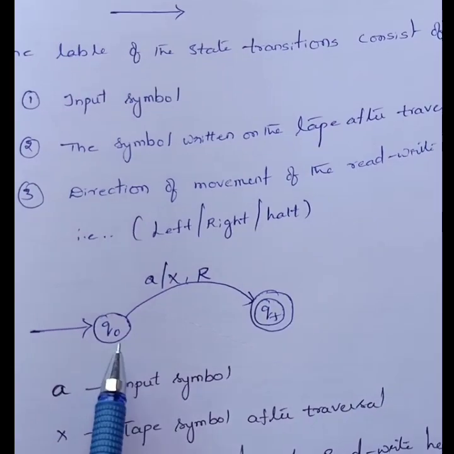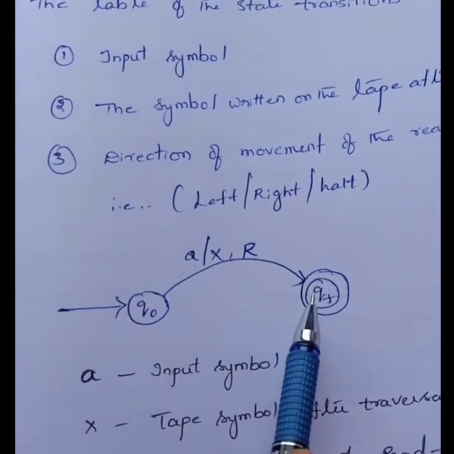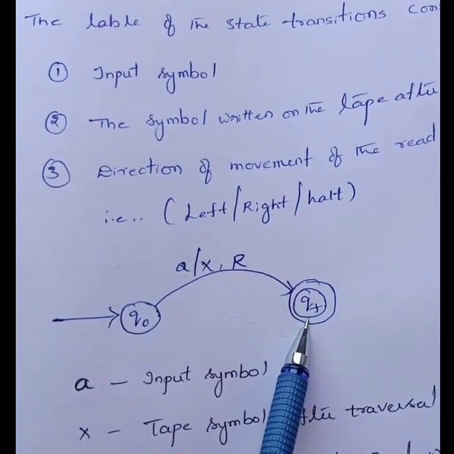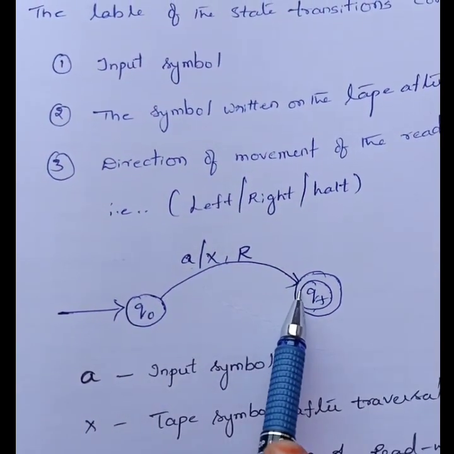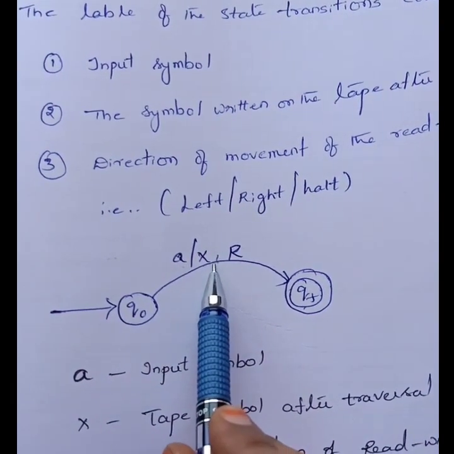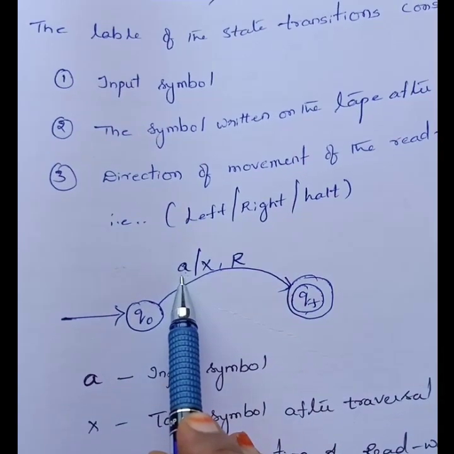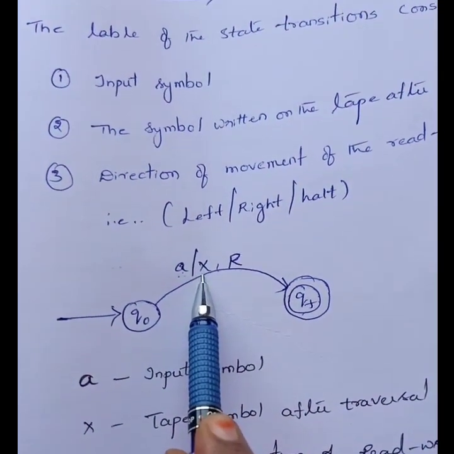See this diagram. This is the initial state, this is the final state, and here is the transition. These are the labels for this transition. A is the input symbol, X is the tape symbol.